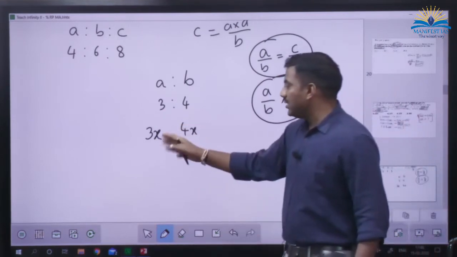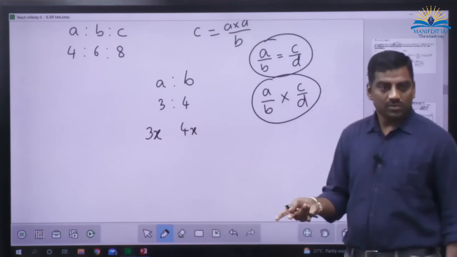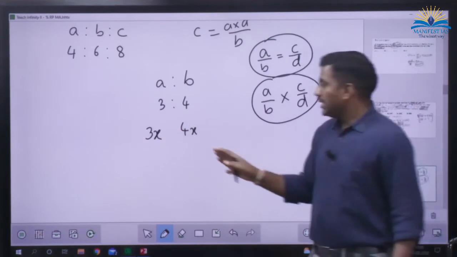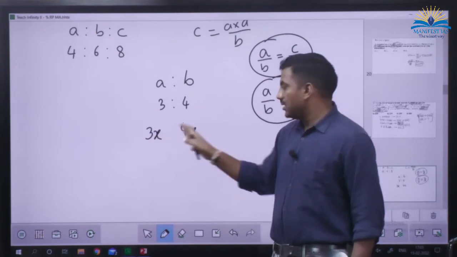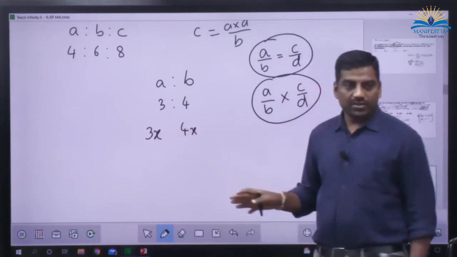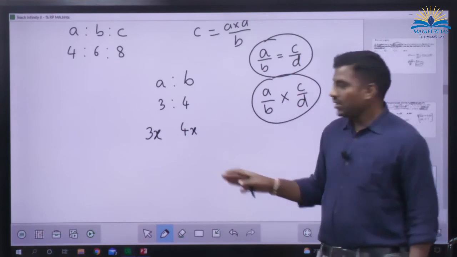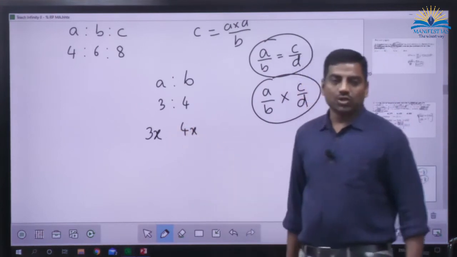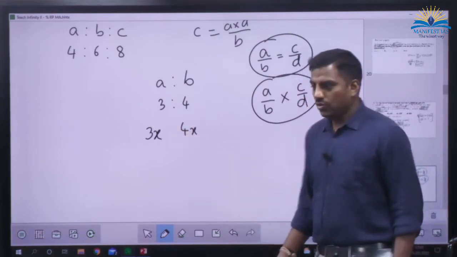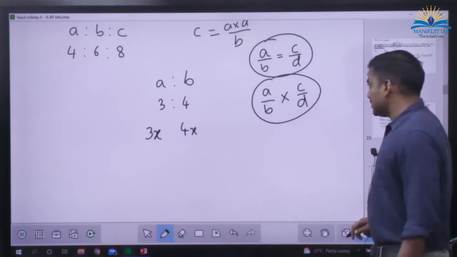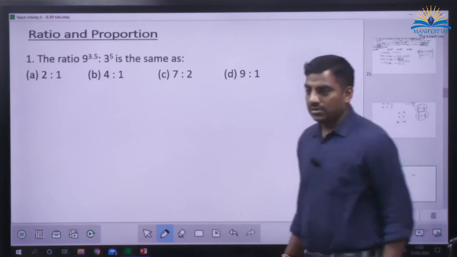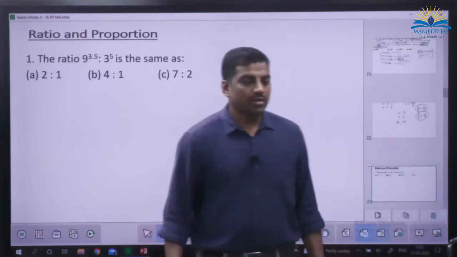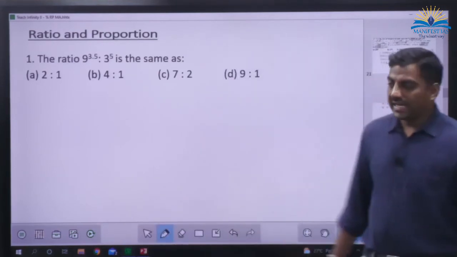You have cancelled 20 from both, no? So it is better practice to take x along with the antecedent and consequent. Always try to take this x along with them. So we'll solve a few questions, and whenever the need arises to learn a different concept or trick, we'll learn it then and there only.